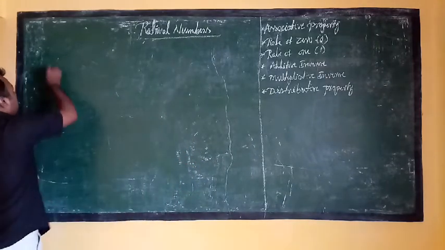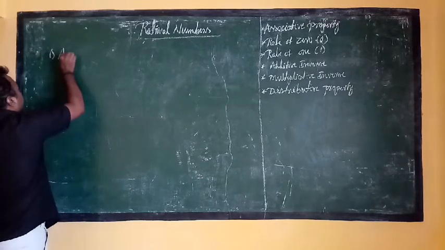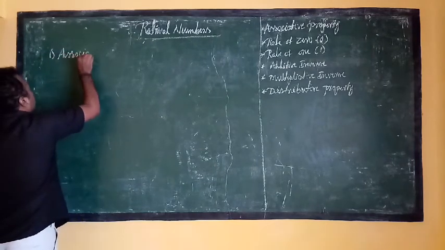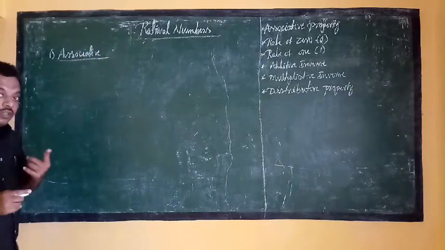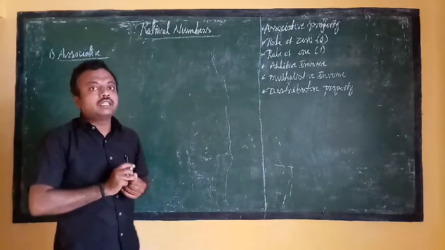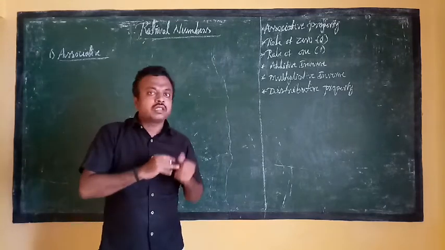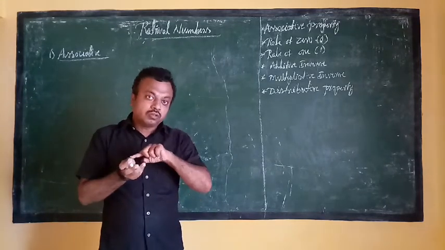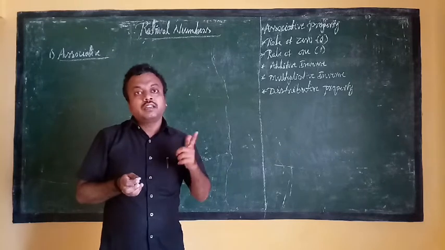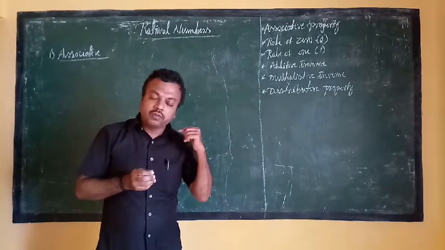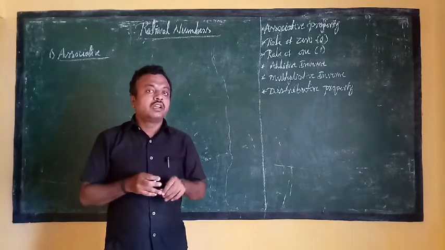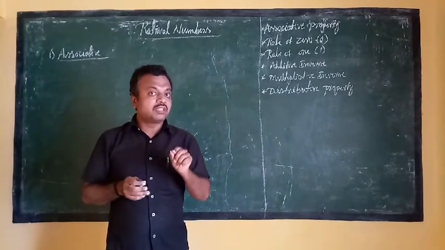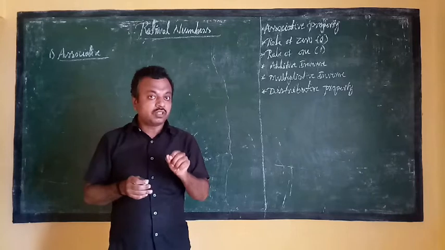Yes, first of all, what do we mean by the associative property? In the commutative property, you can take any two integers, any two whole numbers or any two rational numbers. If you do the addition in a different order, or the multiplication in a different order, and the result remains the same, then the property is called the commutative property.